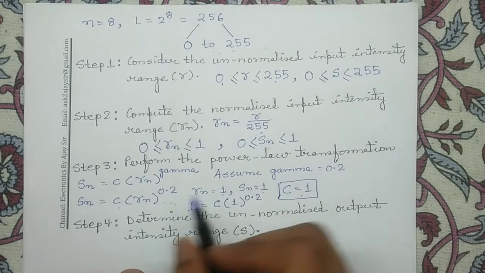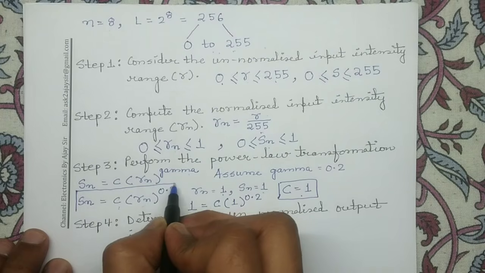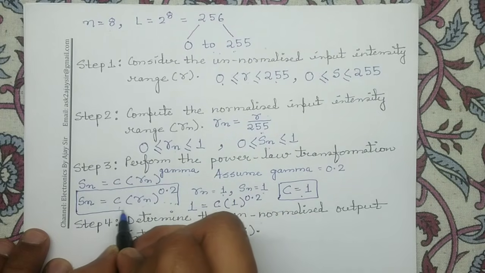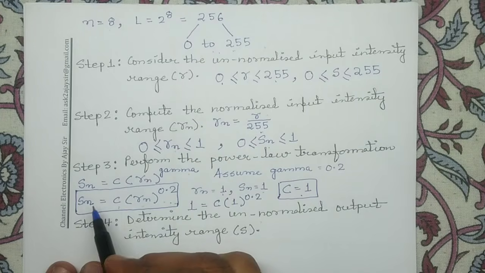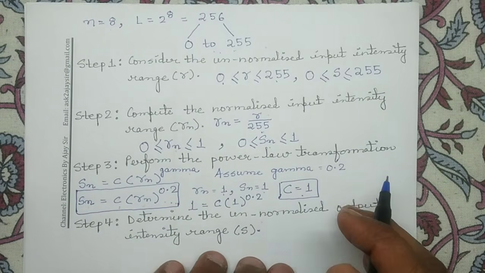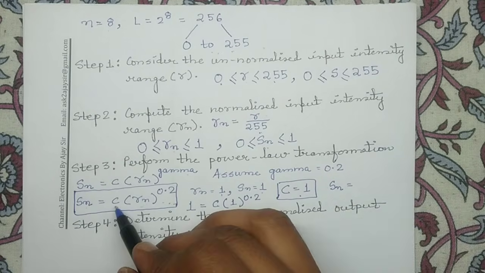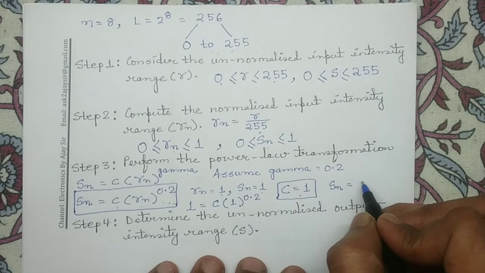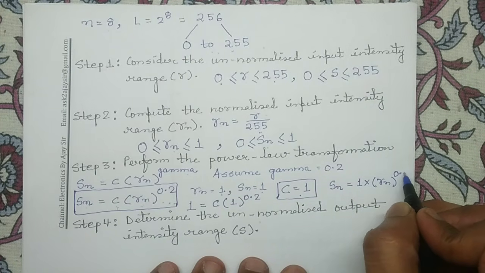Now substituting C equals 1 in this equation of Sn, we will determine the equation between Sn and Rn. So the equation of Sn, by substituting C equals 1, we get Sn equals 1 into Rn to the power 0.2.